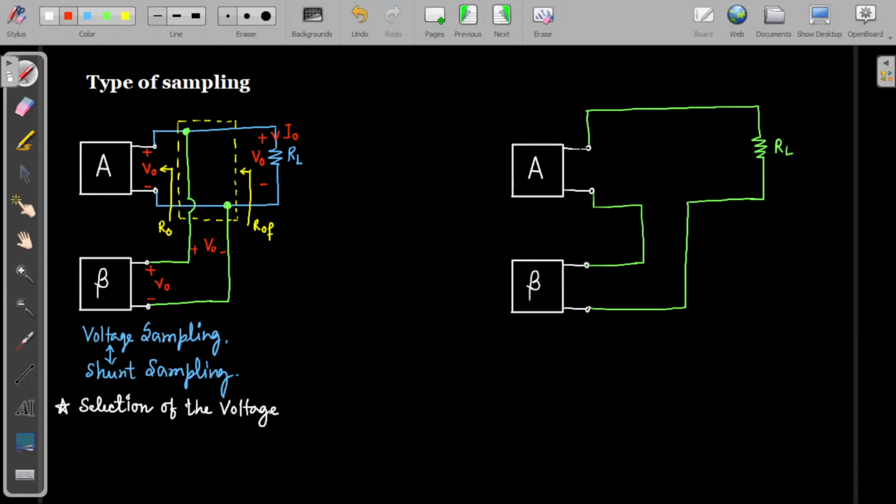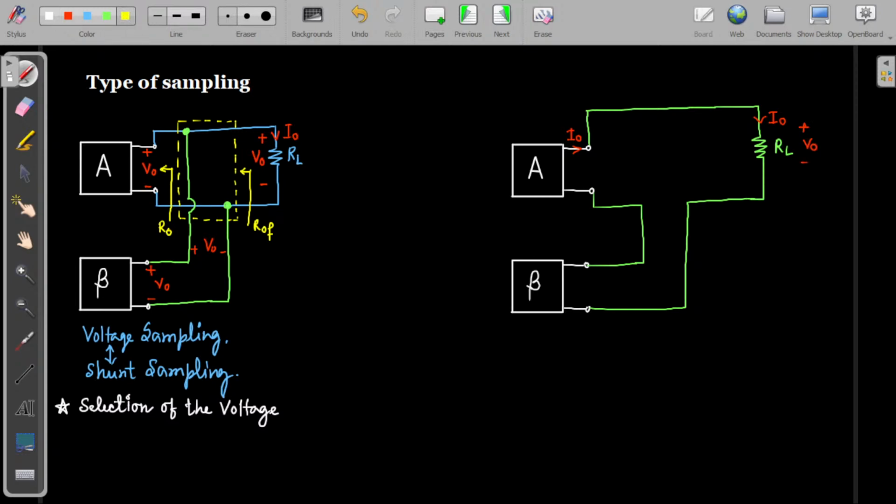First value, the output current of the basic amplifier is I0, suppose. So this I0 will flow here and through RL जाएंगे. So that means the current through the RL will be I0. When the current flows through the RL, a voltage across it will be produced. So this is V0.